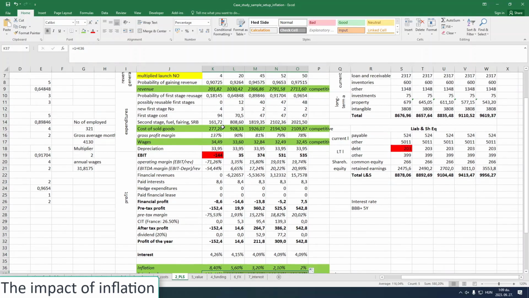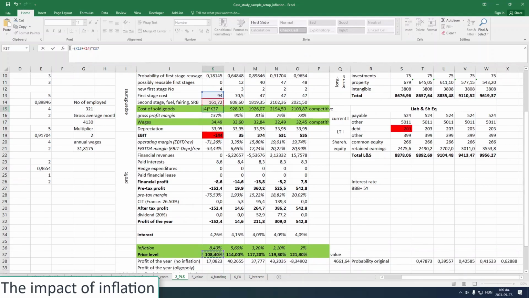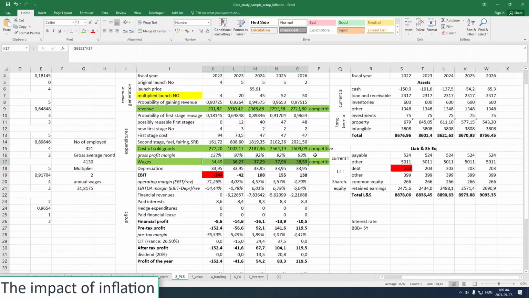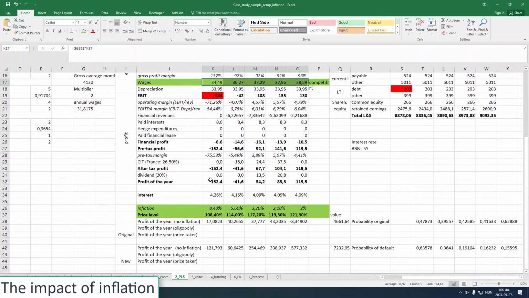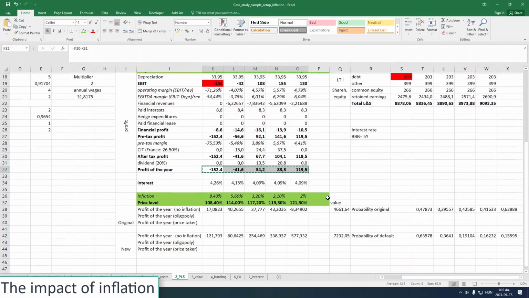Before that was a rookie error, but numbers were increasing, so that's why. Just when I was able to see the wages, that oh, it's increasing, but why is it decreasing further and further? Because yeah, the inflation is decreasing. Now they should suffer more. Yep. Profit of the year.